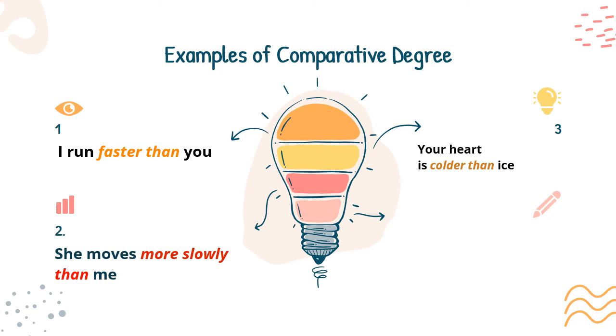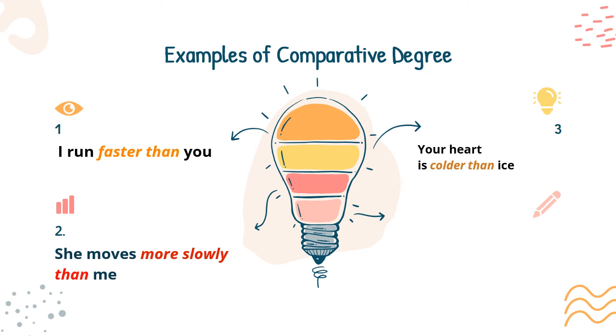Number 2, she moves more slowly than me. Okay, we add more because slowly consists of two syllables. So, because it consists of two syllables, we add more. More slowly than.